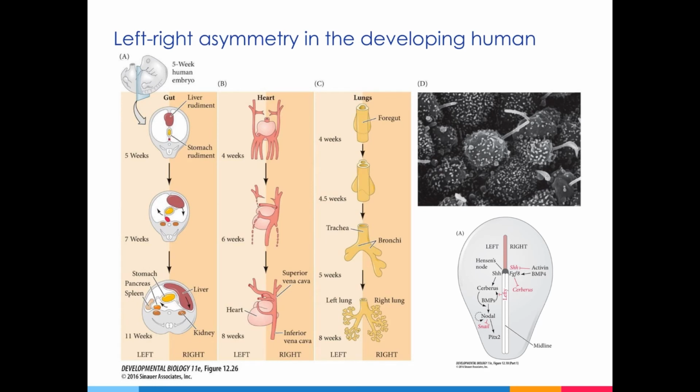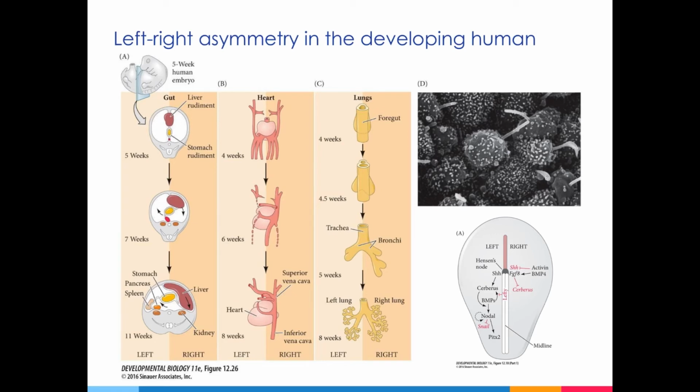The mechanism for the specification of the left-right axis in mammals is very similar to the mechanism of amphibians and birds. Although the figure at the bottom here displays the mechanism of left-right axis specification in avian embryos, the process is similar in mammals, so we're going to use the figure to discuss the process.